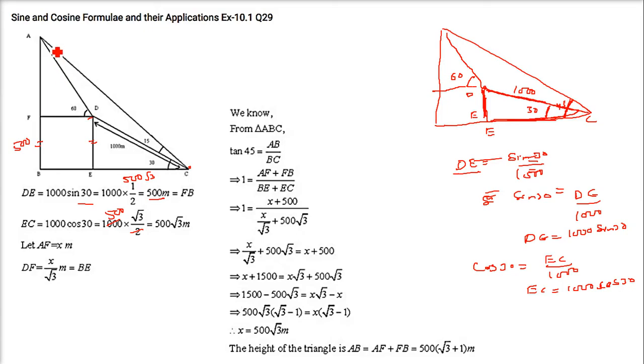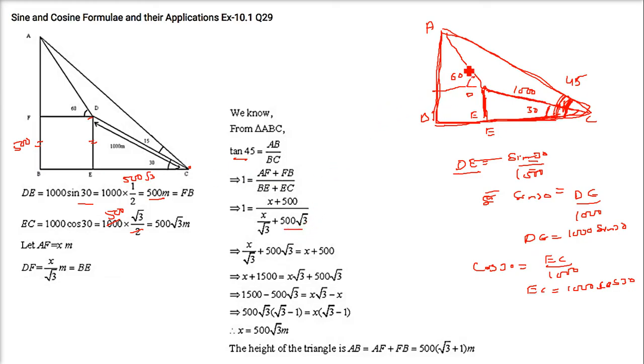Now taking this whole triangle, from here to here, taking A, B and C. What does this triangle give us? This whole angle is 45 degree, so tan 45 will be AB by BE plus EC. Tan 45 is 1, and we don't know BE, but EC we know, it is 500 root 3.